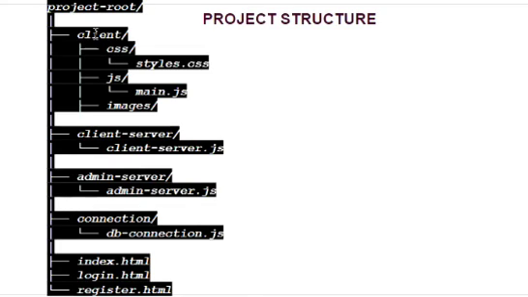Inside this project root, I have client. Client is like a mini database, so to speak, about people that are visiting your website. This client contains the CSS, the JS, and the images, all those images you see on the index screen of the website. Now, inside this root folder, look at the index page.